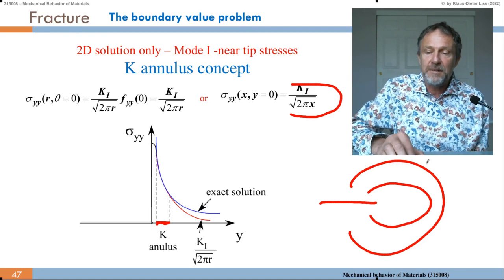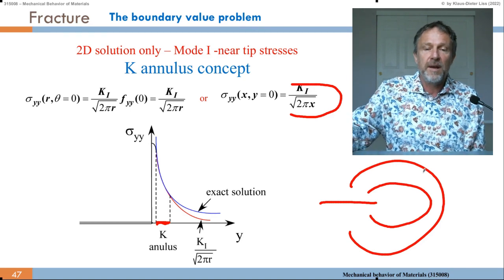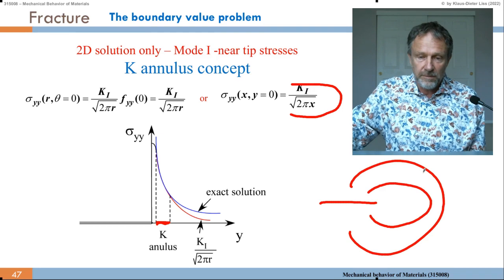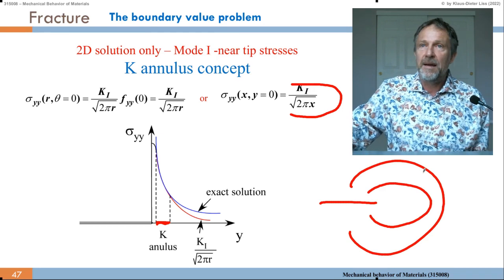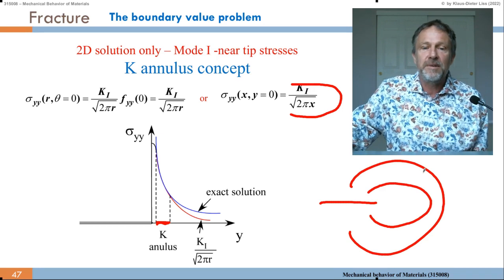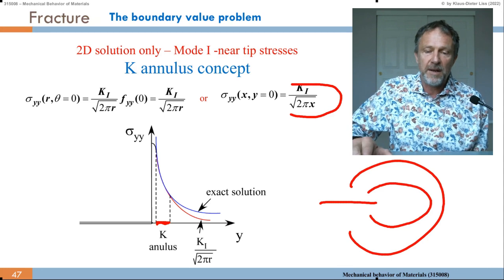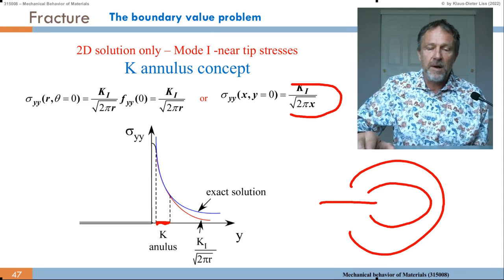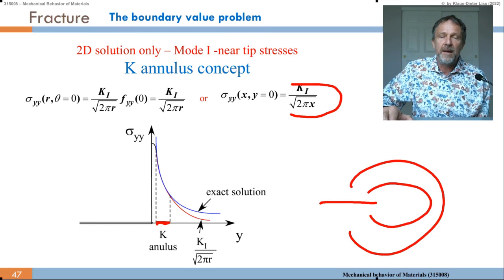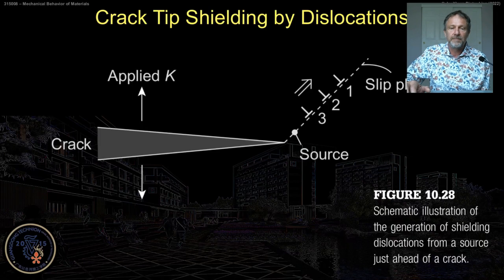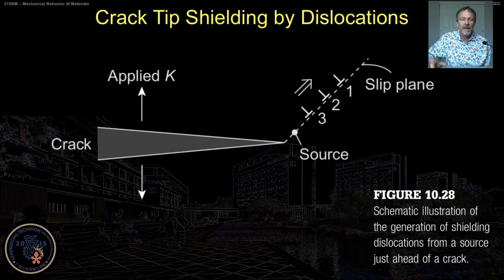So in this ring, which we call an annulus, we want to describe the stresses, and this is approximated by this function K1 divided by square root of 2 pi r. So this is, for example, what may happen inside the annulus.